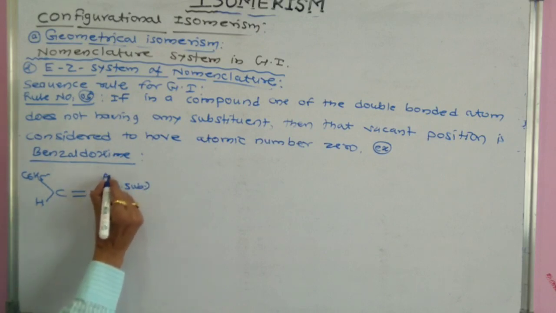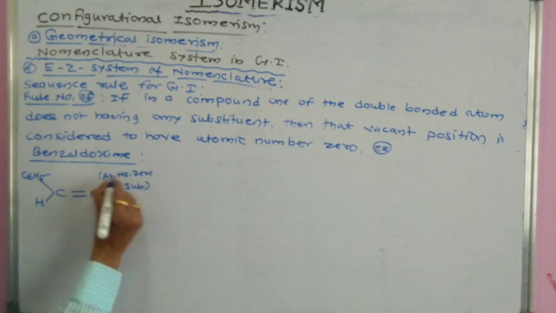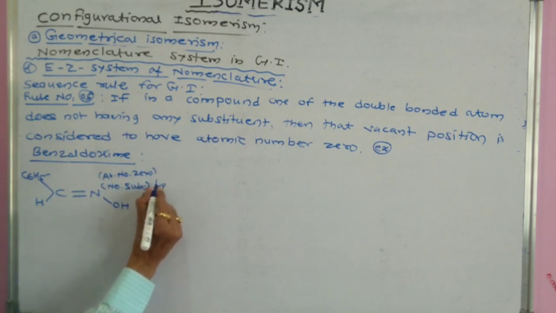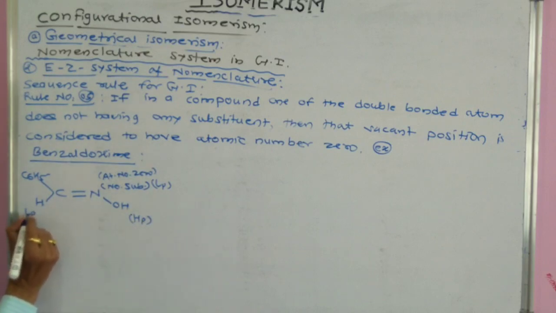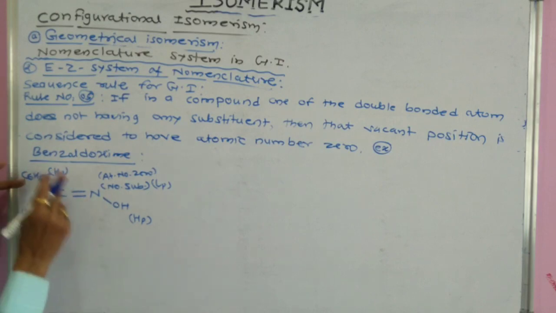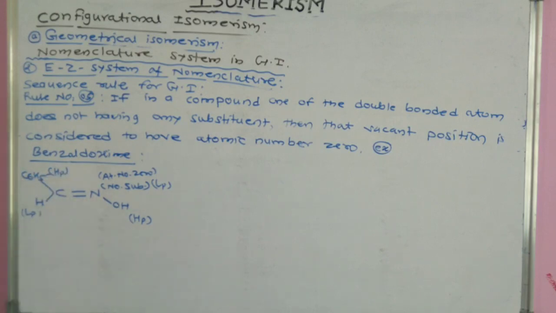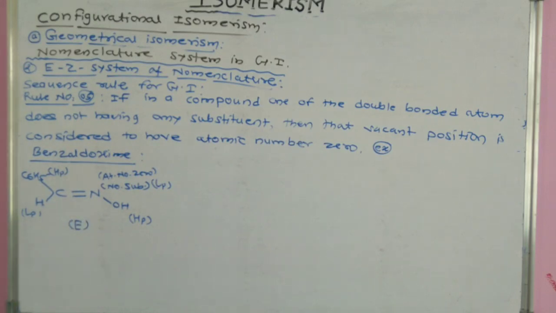That is, the atomic number is 0. Therefore this is the low priority and this is the high priority. So the high priority groups are on the opposite side. Therefore, this is the E configuration.